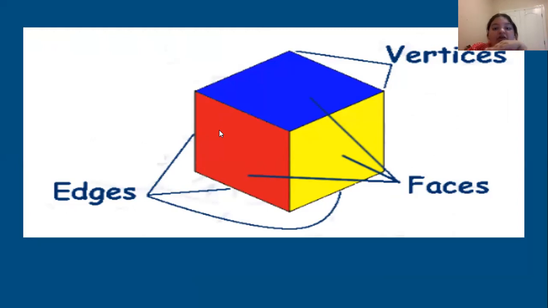And then a face is usually a flat surface, so that's the difference between a shape and a 3D shape. 2D shapes only have one face. Our 3D shapes that we're learning about today have multiple faces. So that's what you have to keep in mind.